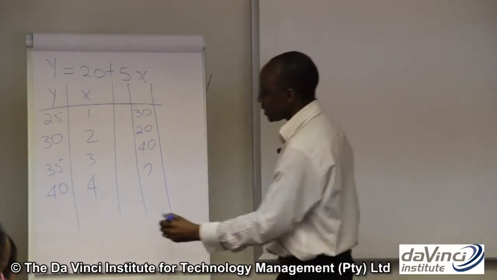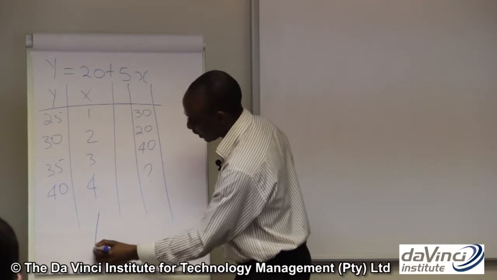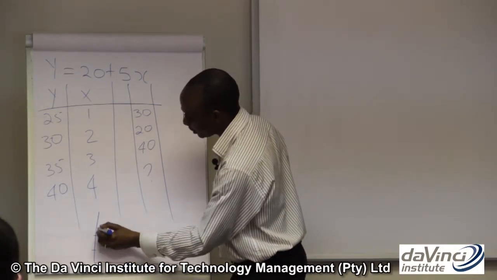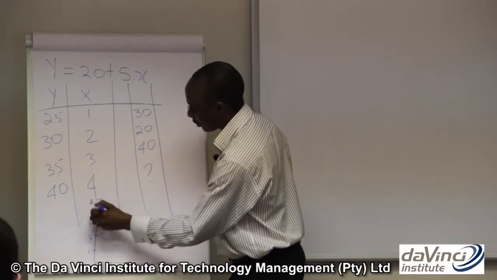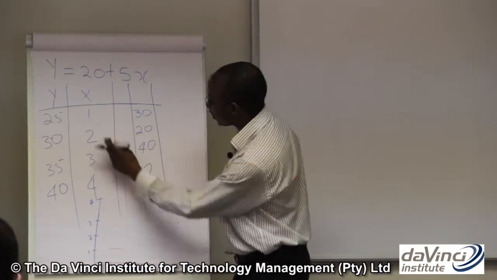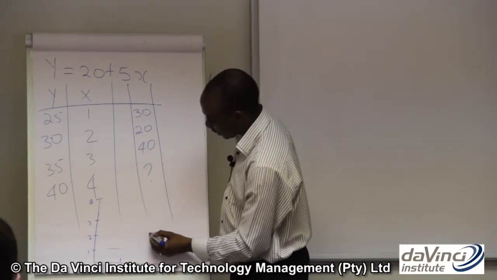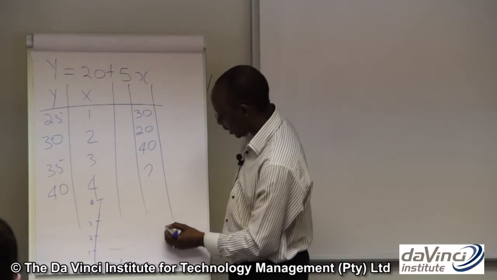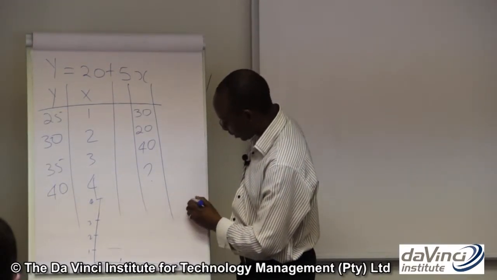So when we plot this and have time on the other side, 1, 2, 3, 4, we will say 1 is moving with 25, 2 with 30, 3 with 35, and 4 with 40, somewhere there.